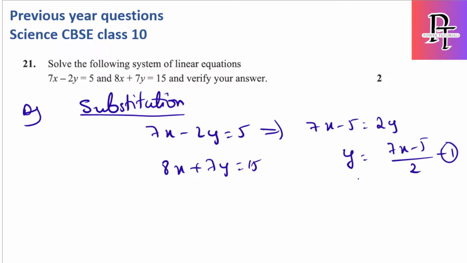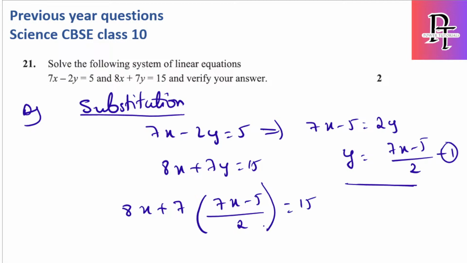Okay, so now I'm going to substitute this y variable in second equation. So now this becomes 8 into x plus 7 into y value, now becomes 7x minus 5 by 2, is equal to 15. So if I take 2 as an LCM, it becomes 8 into 2, 16x plus 49x minus 35 by 2 is equal to 15.